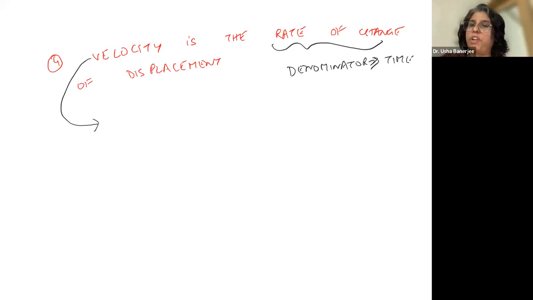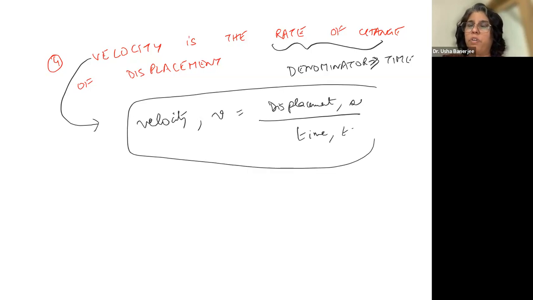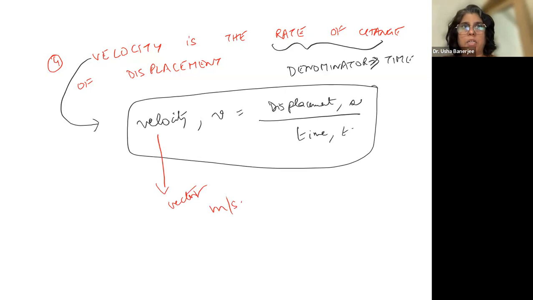So the formula for velocity, v is equal to displacement, represented by small s, divided by time t. This is the formula for velocity. Velocity is a vector quantity. It has magnitude and direction. Unit is meter per second. These are very, very basic funda of physics.